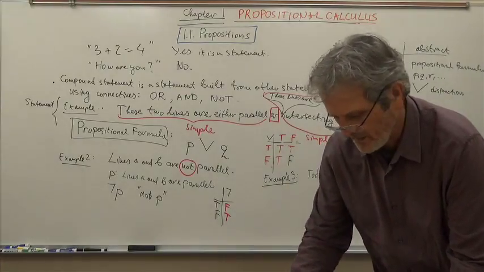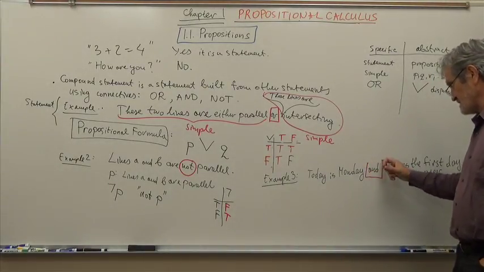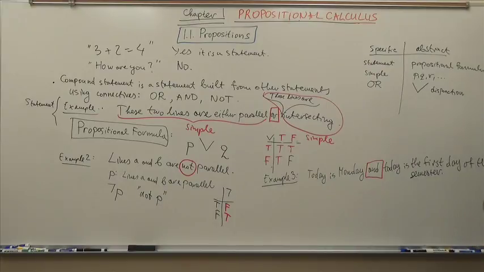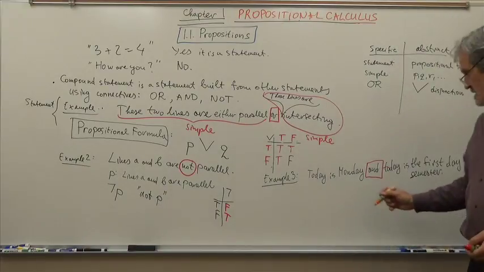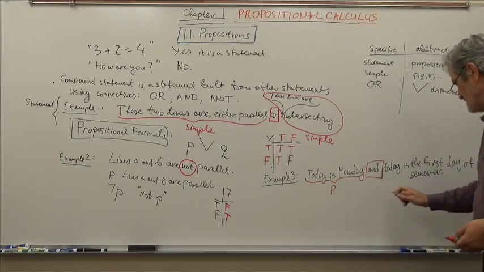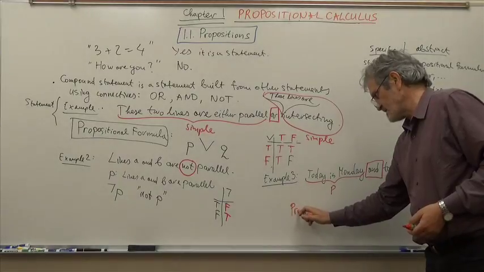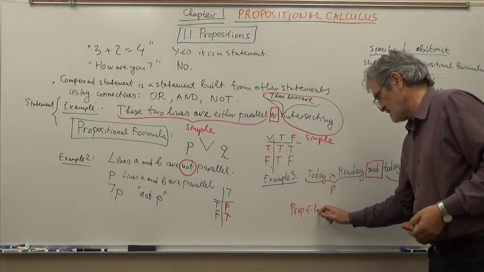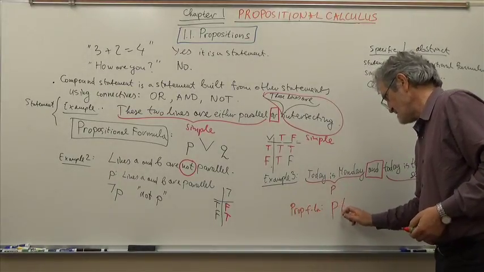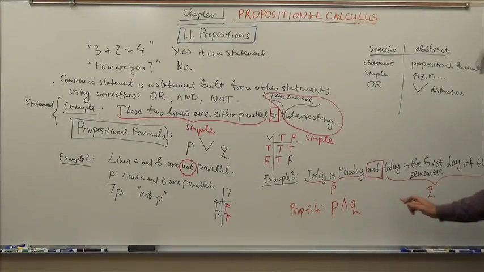This is again a compound statement, and here is the key connector: and. You see there are 2 simple statements. Today is Monday, I will call that P. And today is the first day of the semester, it is Q. And then the whole structure has the corresponding propositional formula, P and Q. Here is the and symbol, conjunction.